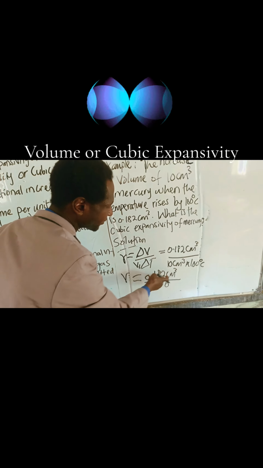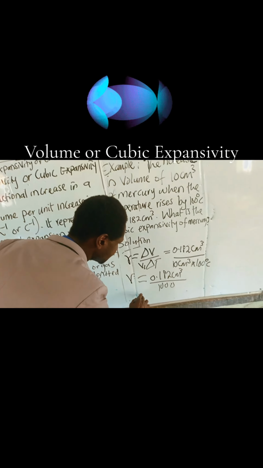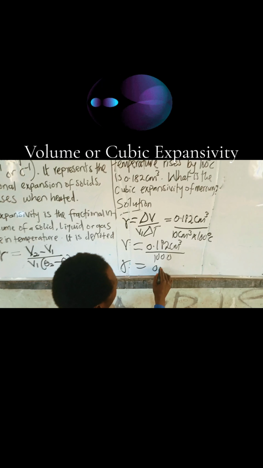This 0.182 divided by 1000 is the same thing as 0.0000182 per Kelvin, because per Kelvin is the unit of the cubic expansivity, or volume expansivity.